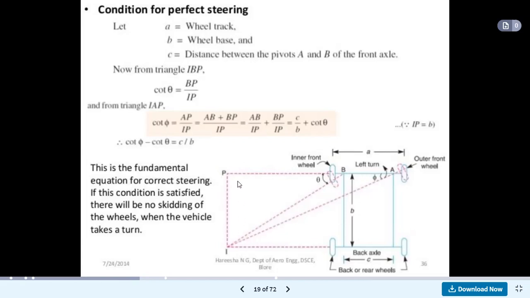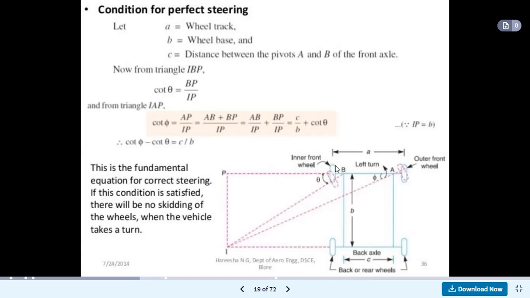But AP is nothing but AB plus BP, the addition of these two distances. So AB plus BP upon IP is equal to AB upon IP plus BP upon IP. We substitute the values.